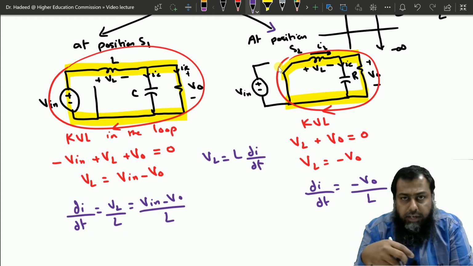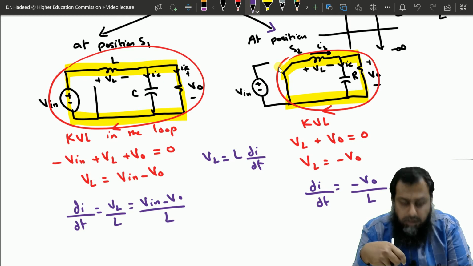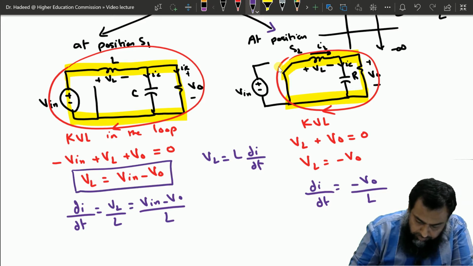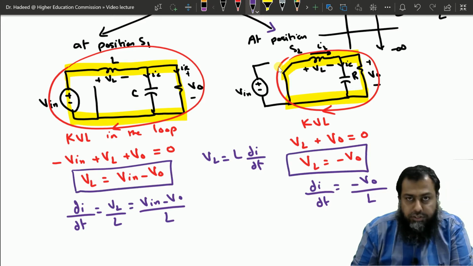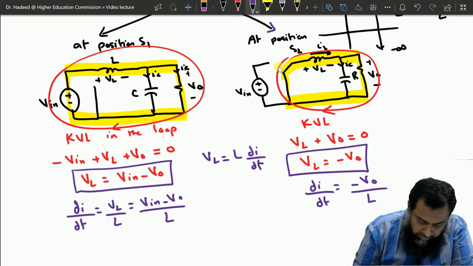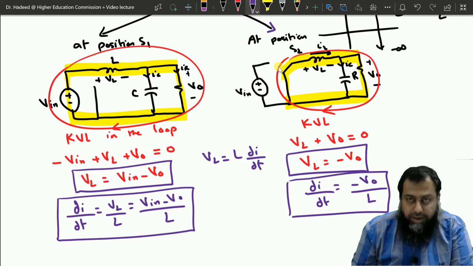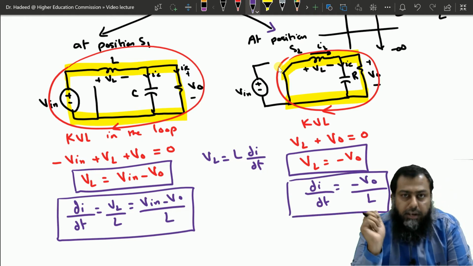Now to find out the transfer function of this given circuit, we need to draw this particular equation and this particular equation over one switching cycle, and also we shall draw these current slopes, or the current through an inductor, to find out the value of the inductance.